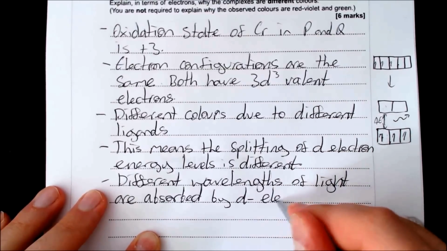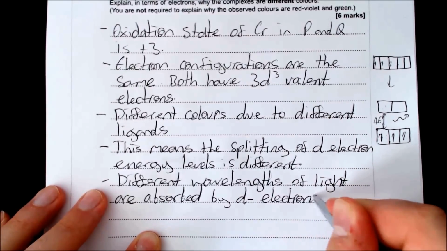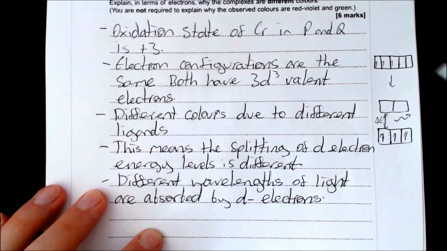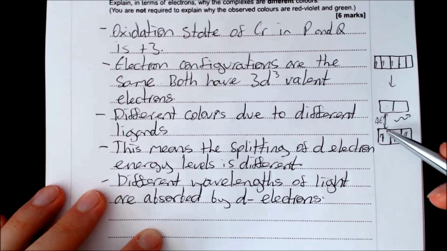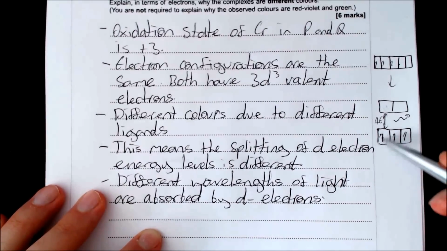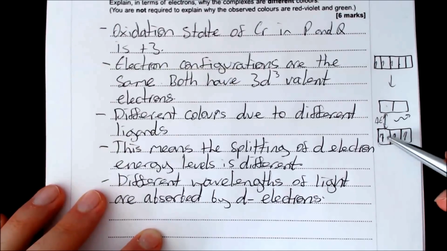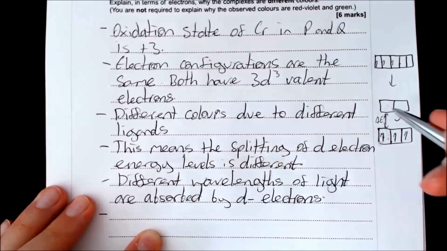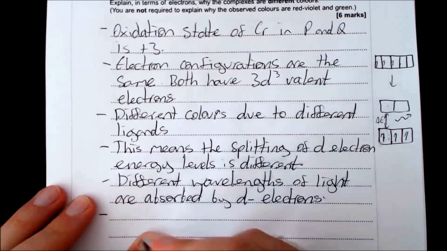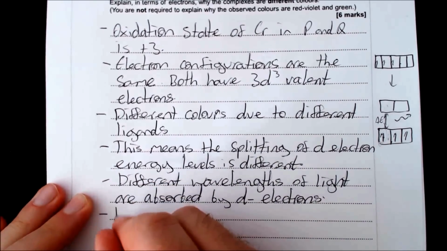There you go. Okay, so what we've got there is different wavelengths of light absorbed by the d electrons. So you get like a variety. Obviously, you get a spectrum of different wavelengths, and providing you get the right wavelength, this will jump up and then it will move back down, and it will transmit a frequency of light, and that's why we get the colour.